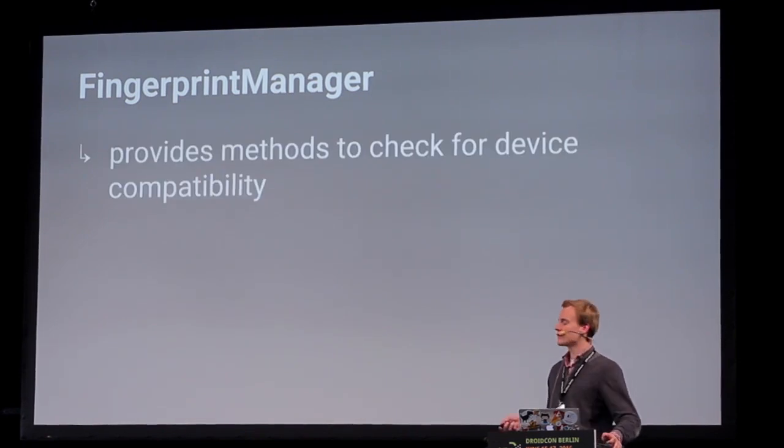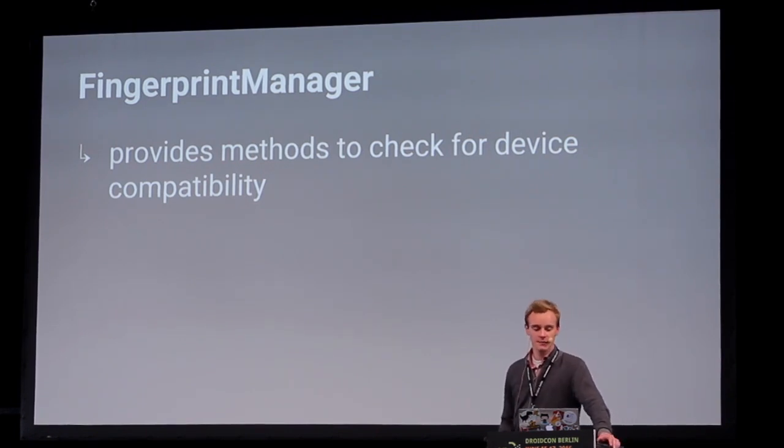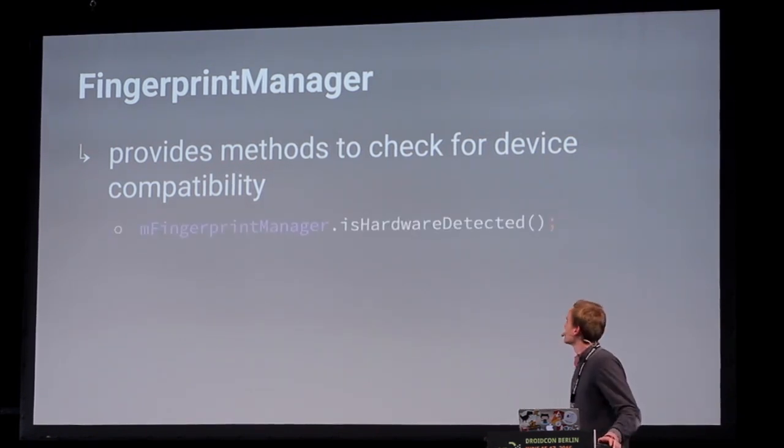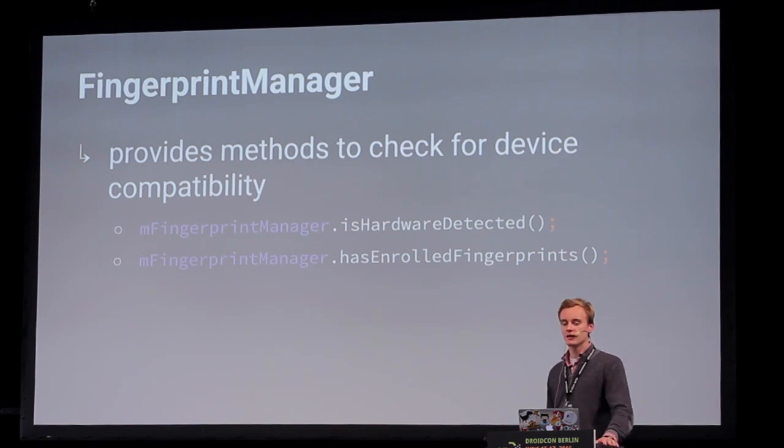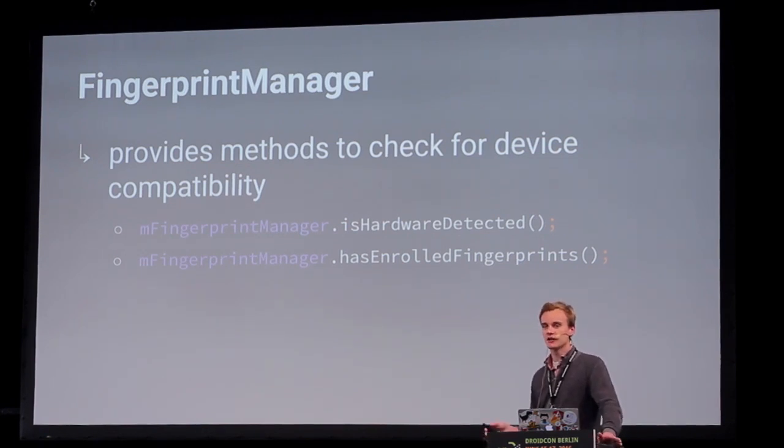And the FingerprintManager also provides methods to check for device compatibility, like is hardware detected or has the user enrolled some fingerprints. And if not, you can always say, yeah, please go back and check these settings and enroll some fingerprints.